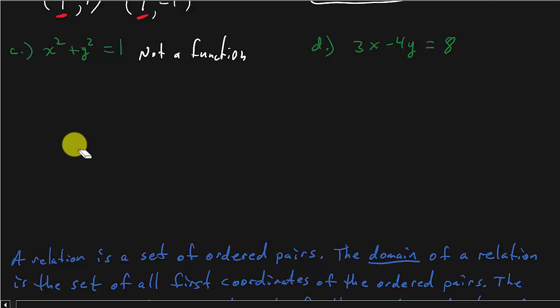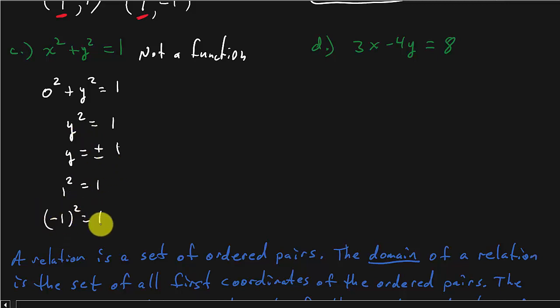But the other thing I can do, I can just real quick pick a value for x. So what if I want to plug 0 in for x? That's going to give me y squared equals 1. So y equals what? Plus or minus 1. You see that? Because I know that 1 squared is 1, I'm plugging in the positive 1 for y, and then I'm going to plug the negative 1 in for y, so negative 1 squared is equal to 1.